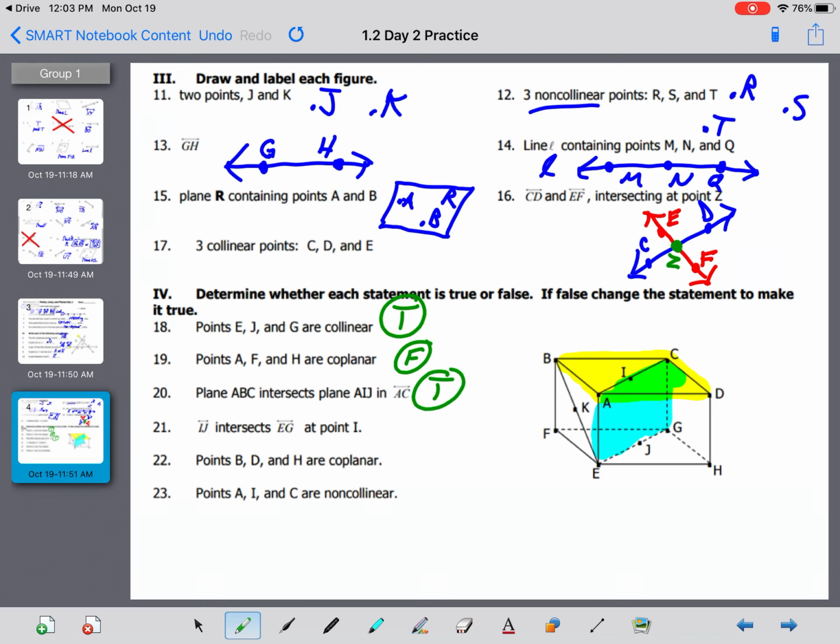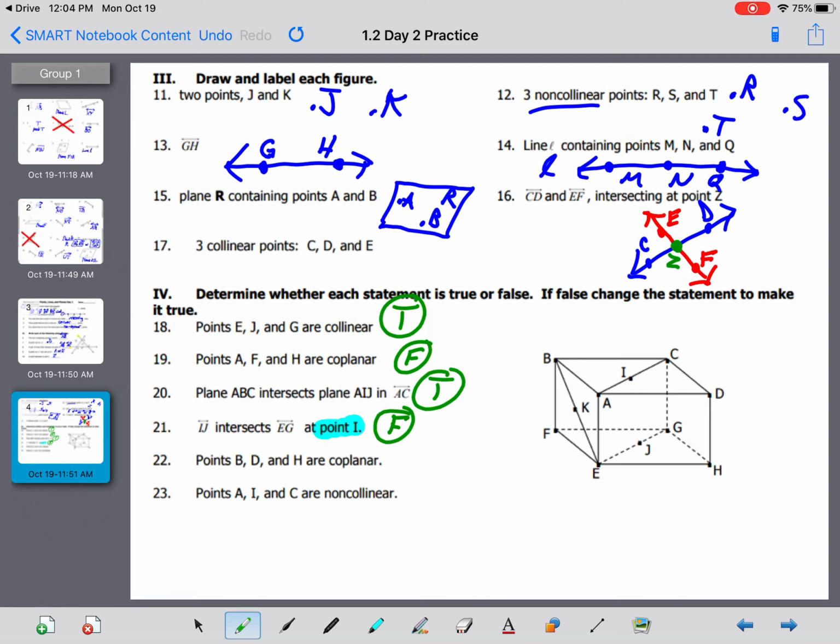That's true. Now we have line IJ, which isn't shown, but that would be a line right here, intersects line EG. So they do cross, but it says they intersect at point I, and that's not true because they intersect at point J, so this is false.